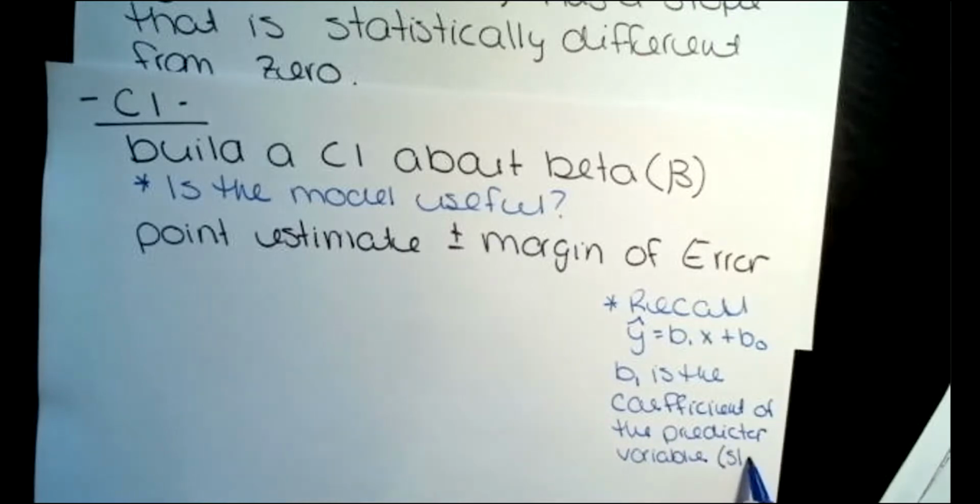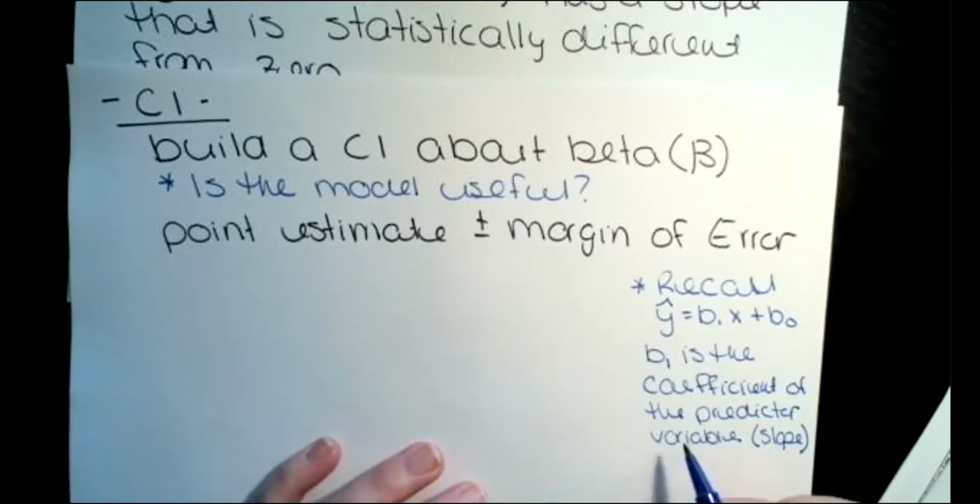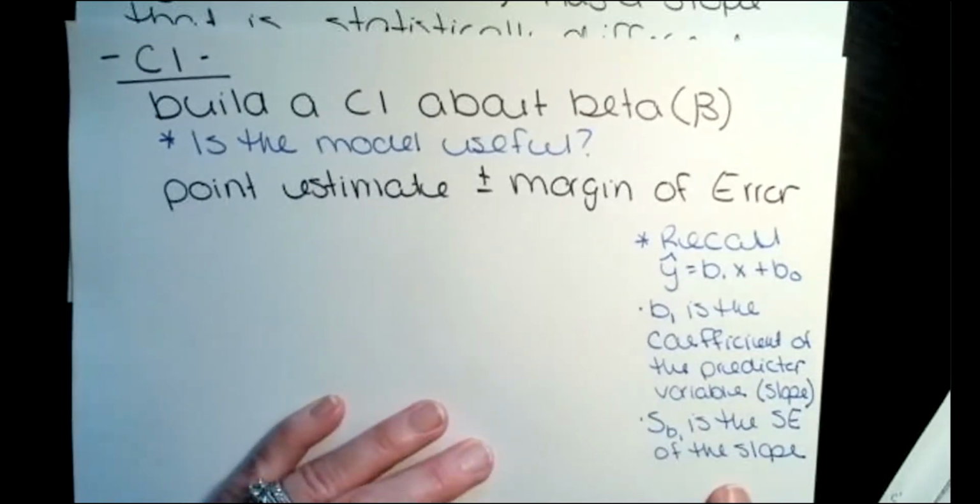That is my slope. The coefficient of my predictor variable is my slope, right? And S of b1 is the standard error of the slope. Find this from Minitab.